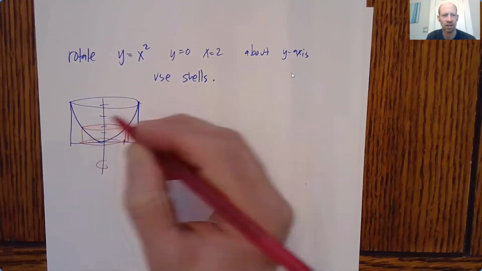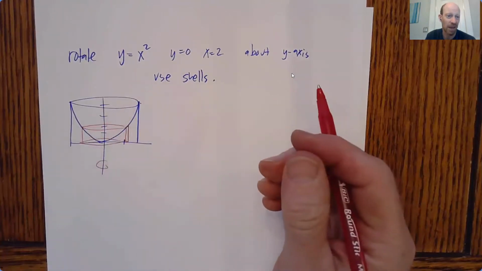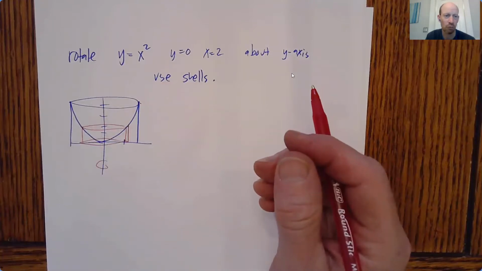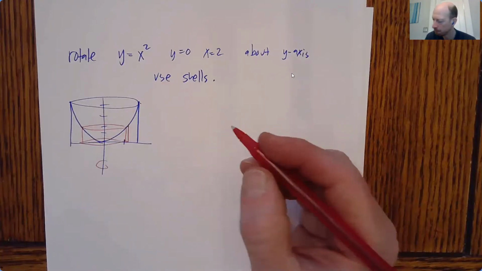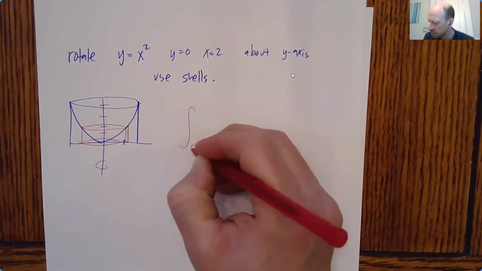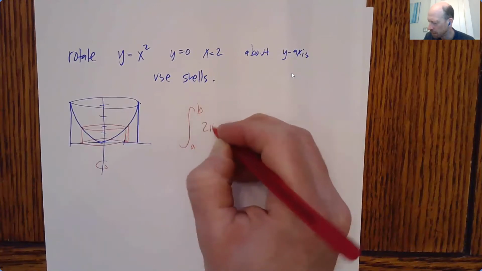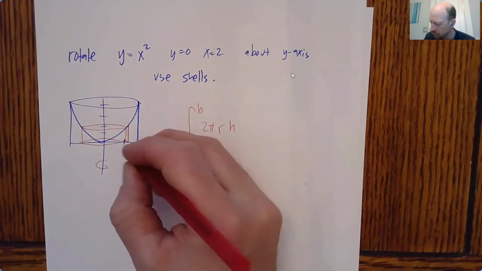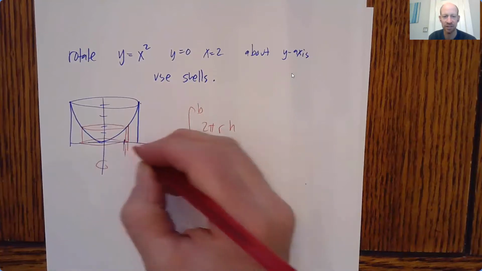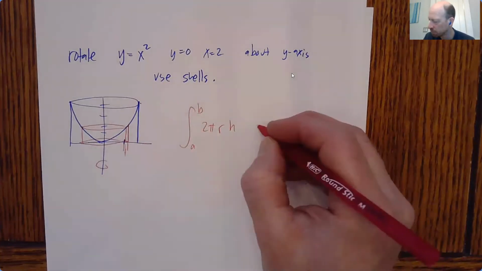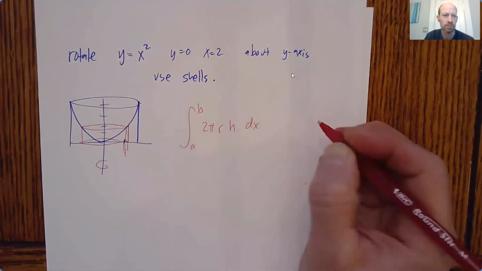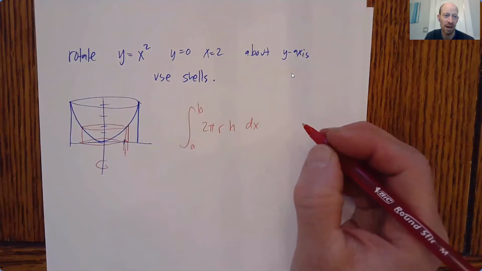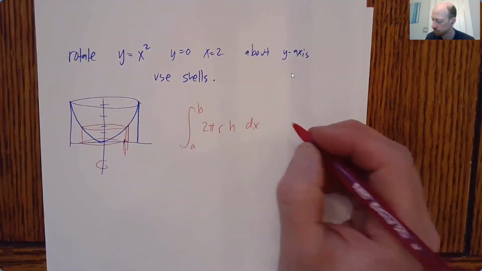That's the shell, my sample or representative shell. Since it's a shell, I know it's going to be 2 pi r h. And this one, like the last one, the thickness here is dx. So everything needs to be x in this case.